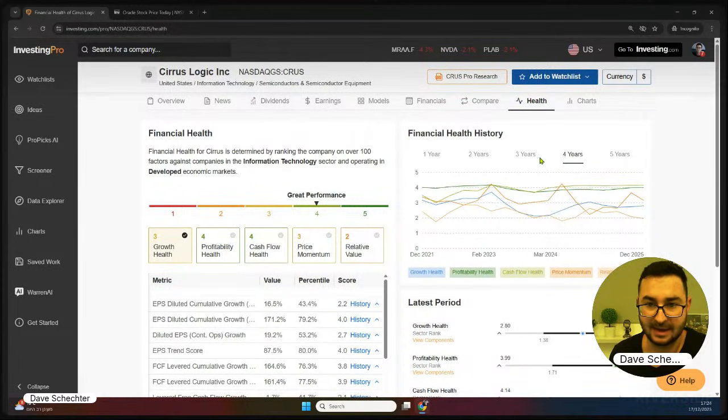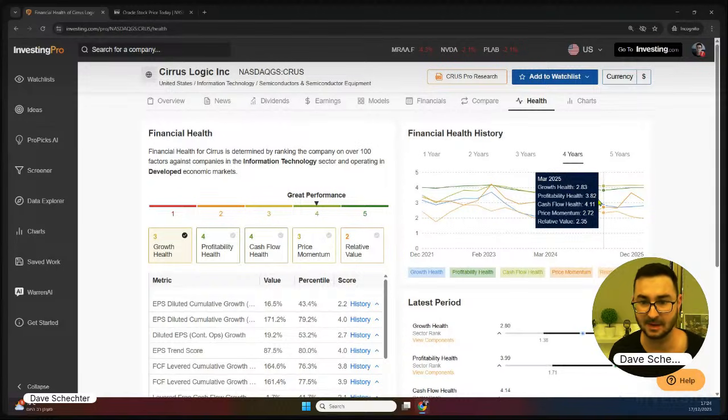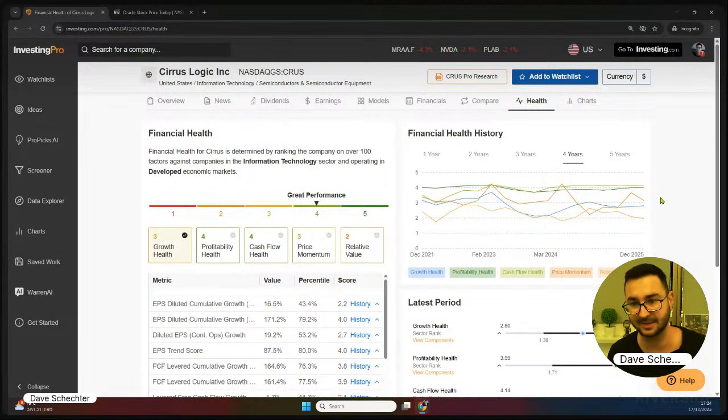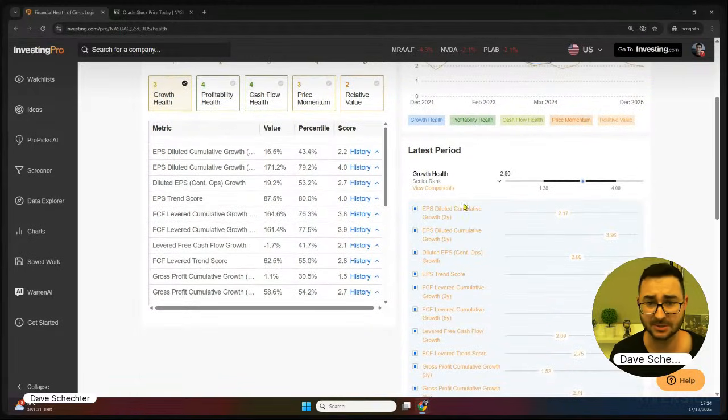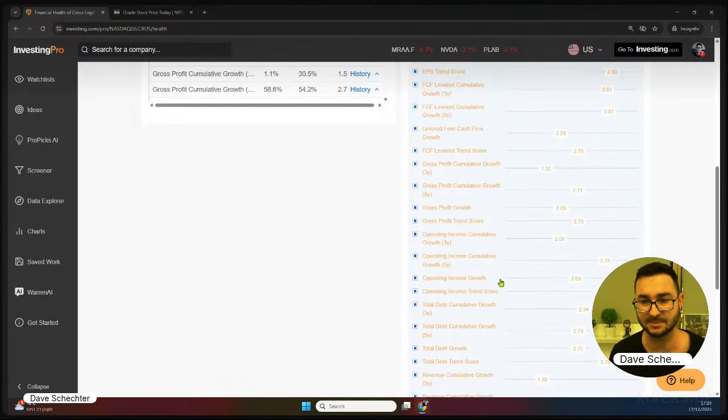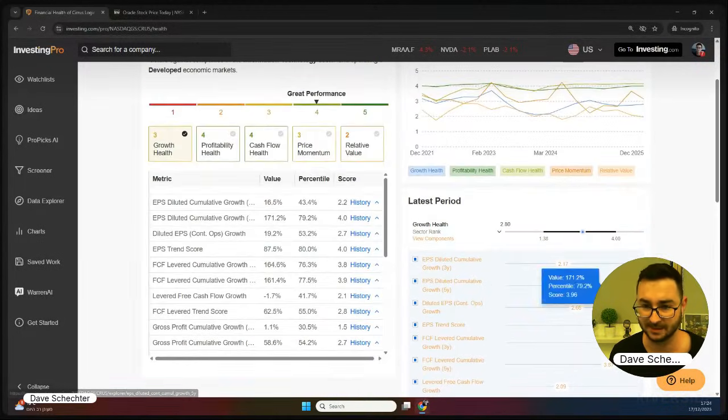To the right here, I have a very handy chart of all of the metrics plotted on a chart. So it's easy for me to understand how they're performing in different areas related to the health of the company. I can also go over here and just get a different way of viewing this data as well, and how each one of these metrics is performing.